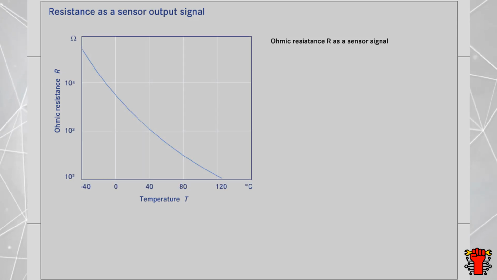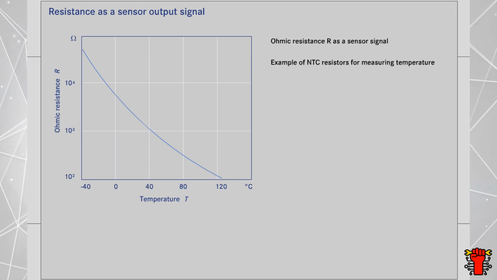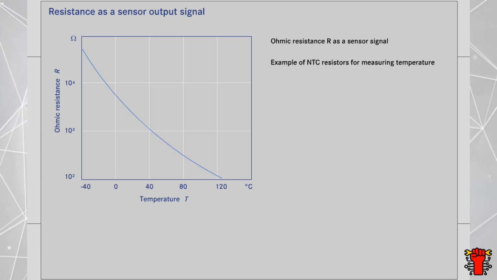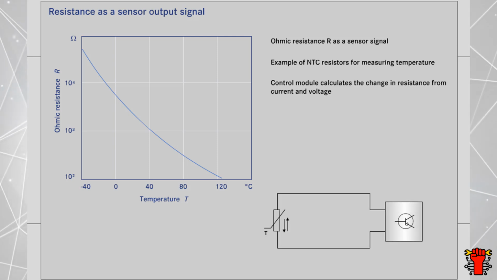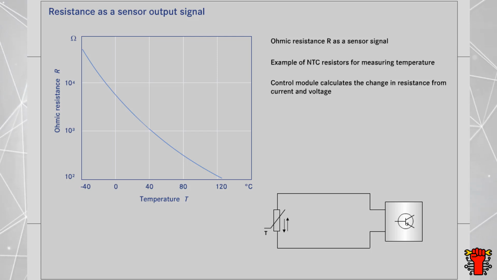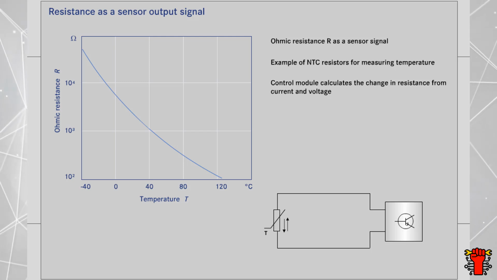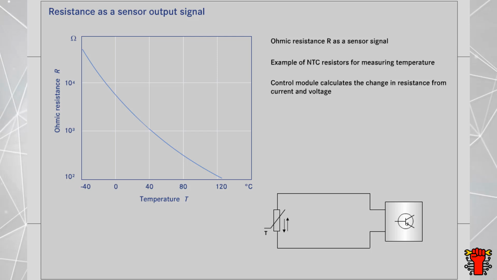Another signal variable which can be analyzed by the control module is ohmic resistance. An example of this are the NTC resistors which are used in the vehicle for measuring the temperature. However, the control module cannot measure the respective resistance directly. Instead, it calculates the resistance from the intensity of current flowing through the resistor and the voltage applied.